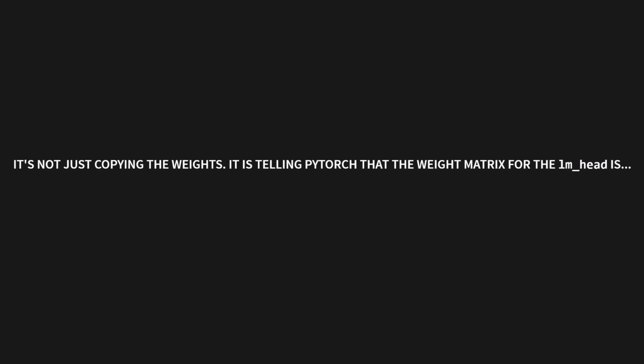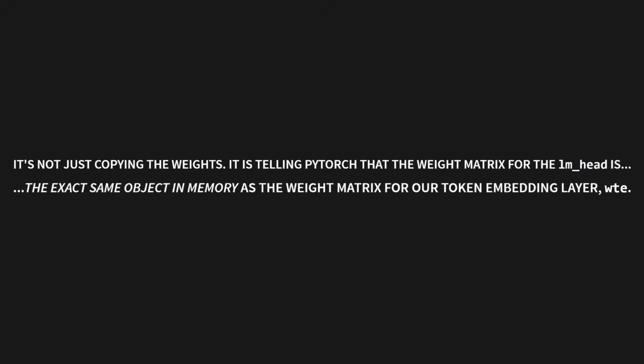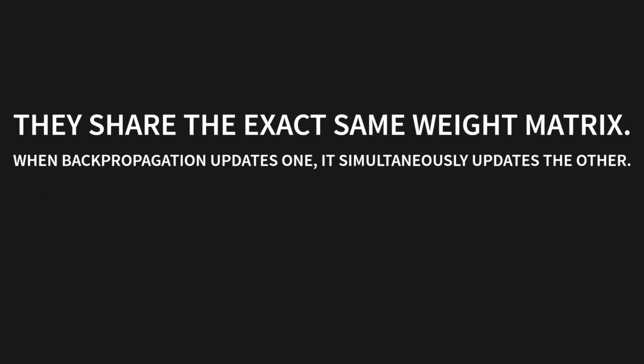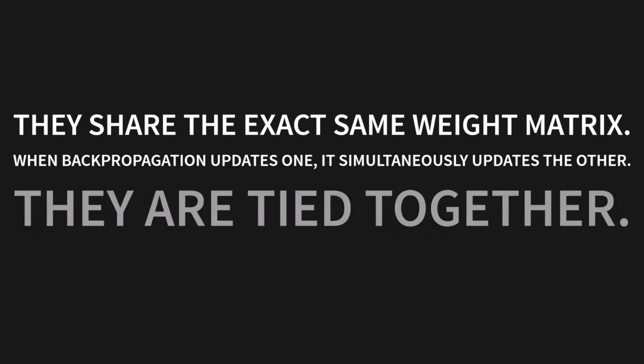It is telling PyTorch that the weight matrix for the LM head is the exact same object in memory as the weight matrix for our token embedding layer, wte. They share the exact same weight matrix. This means when backpropagation updates one, it simultaneously updates the other. They are tied together. So, why does this make perfect sense?